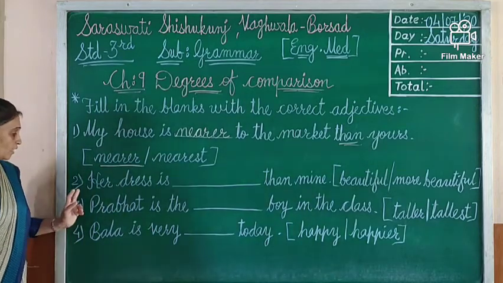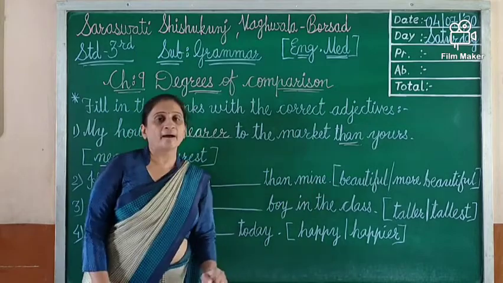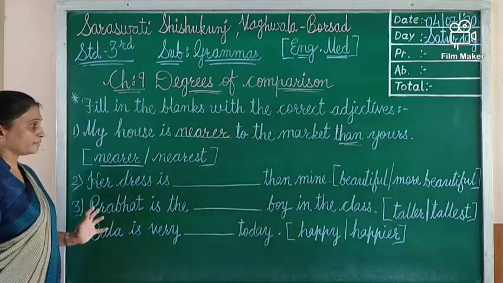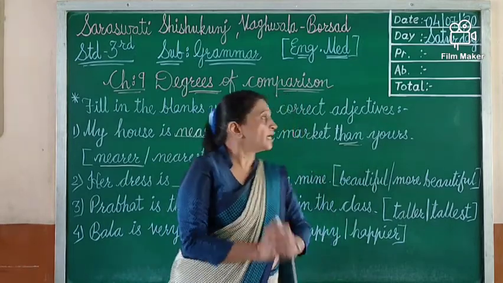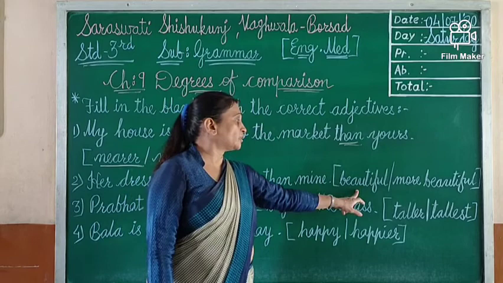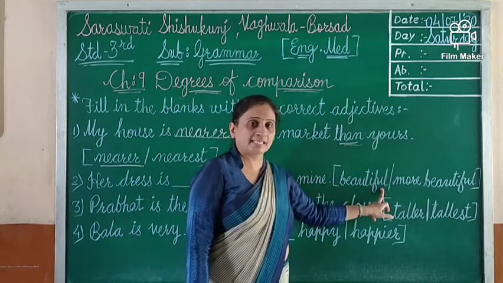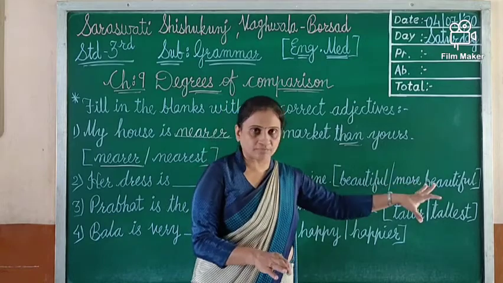The second one: her dress is dash than mine. Here the options are beautiful or more beautiful. I told you that in some comparison examples you can't use ER after the adjective; you can't write beautifuler. So you have to write more beautiful.